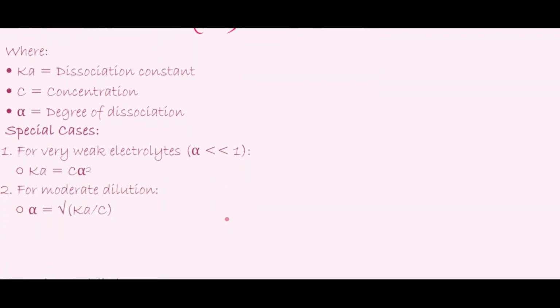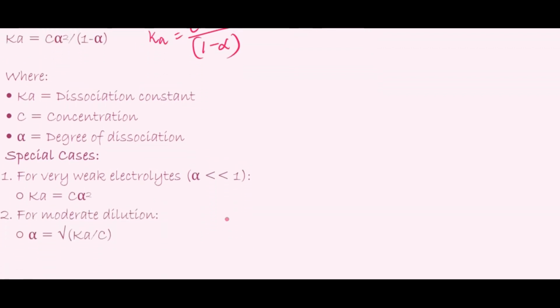What are the special cases? For very weak electrolytes, alpha is less than 1, obviously, far less than 1. So we can just omit alpha in 1 minus alpha because it is a very small value. Then it becomes C alpha square by 1, so overall Ka equals C alpha square, only for a very weak electrolyte.